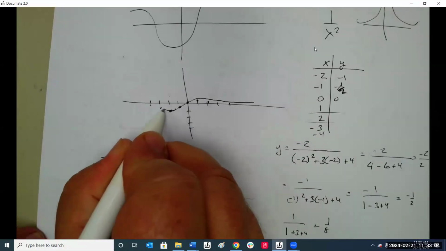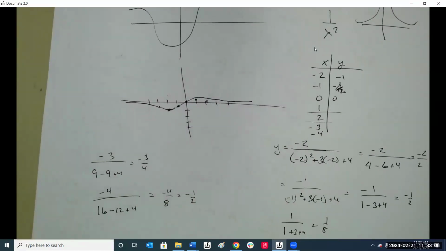So it looks like it's doing this. Let's see.